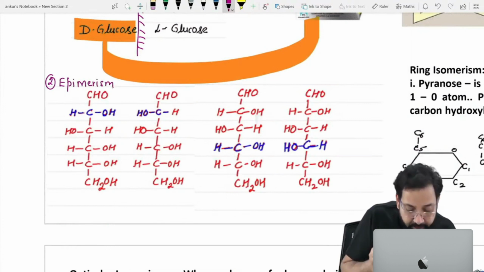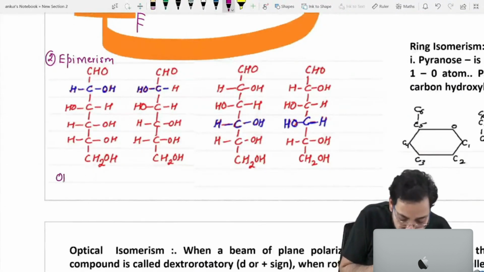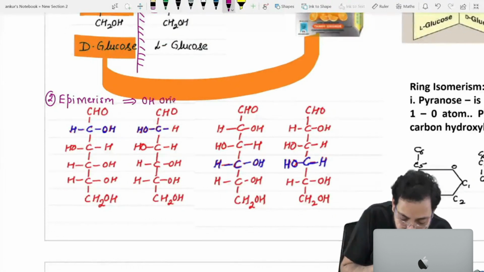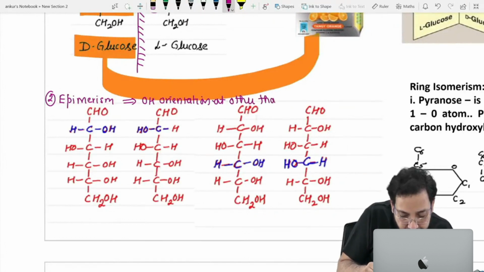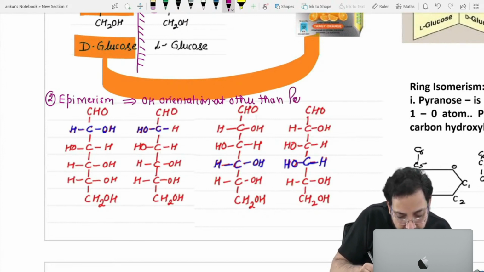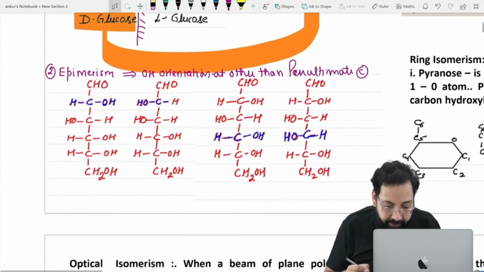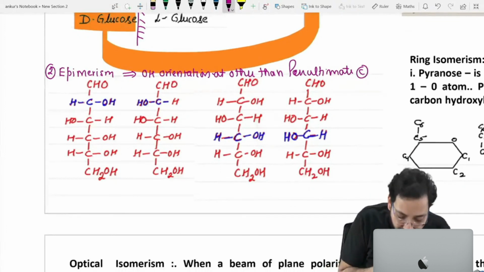What is epimerism? Epimerism means OH orientation at other than the penultimate carbon, meaning other than C5.